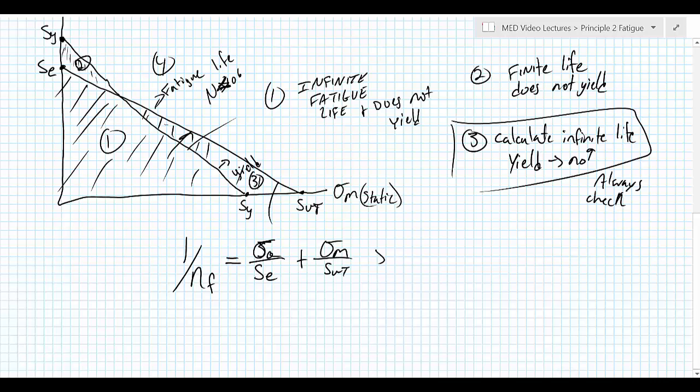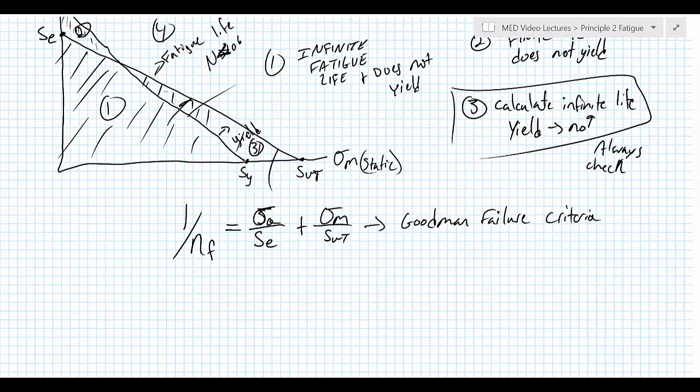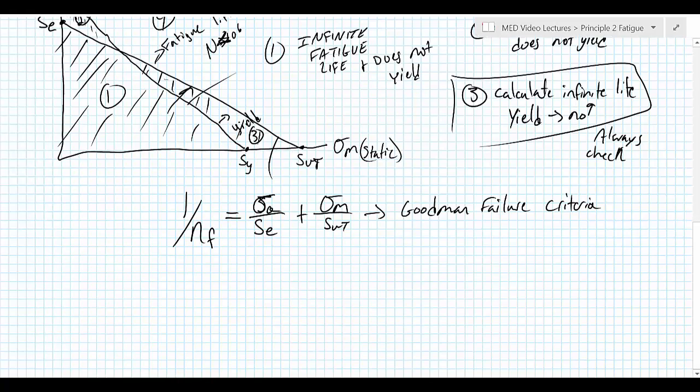And this is called the Goodman failure criteria. Now notice that this doesn't tell you whether it's going to yield or not, so you also need to check for yielding.